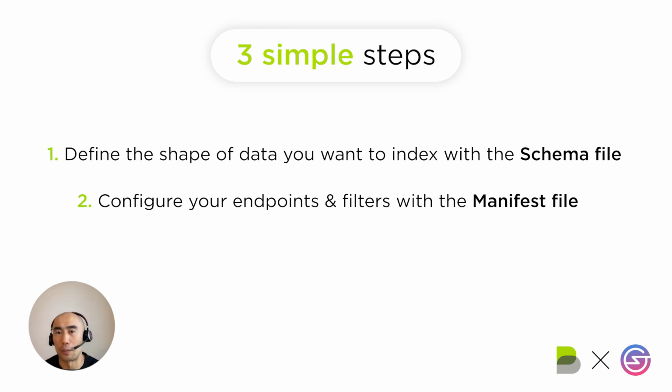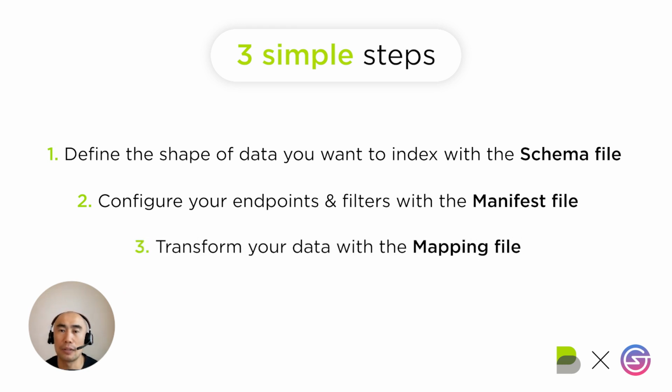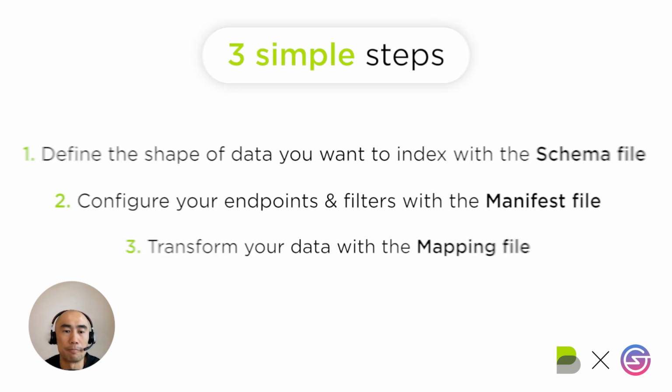This will tell the project the endpoint, so where to get the data from, and there's a filter to get the exact data that you need. And finally, once you've got the data, you want to transform it in the mappings file using TypeScript, after which the data is stored in a database, in particular Postgres in this example.